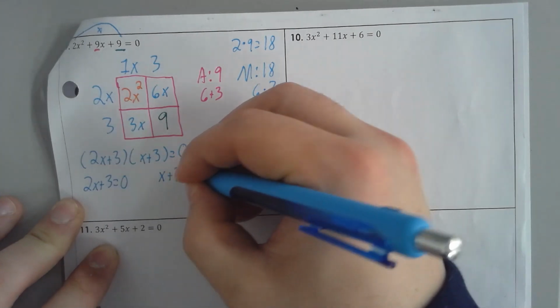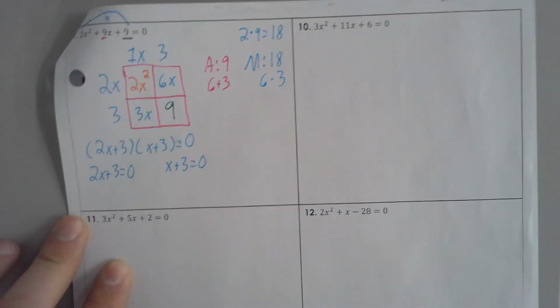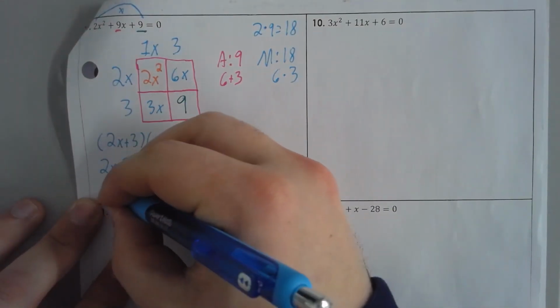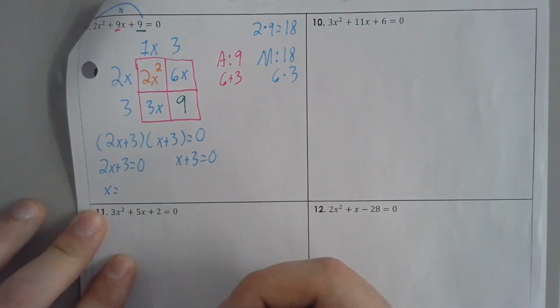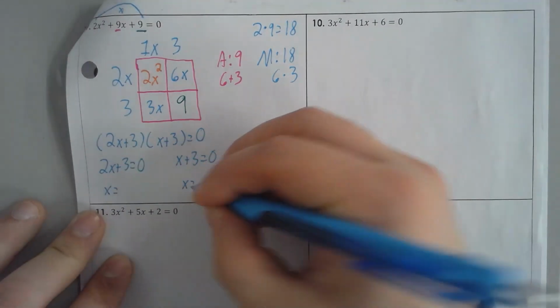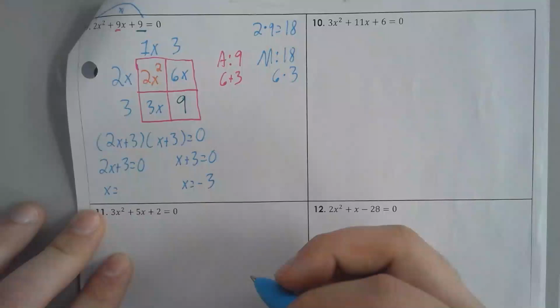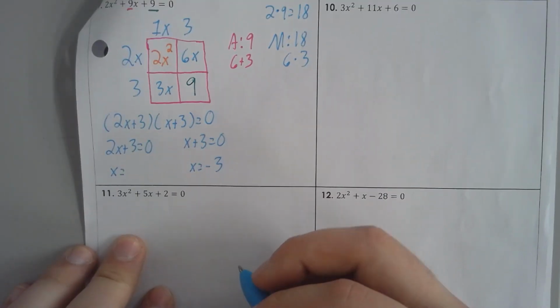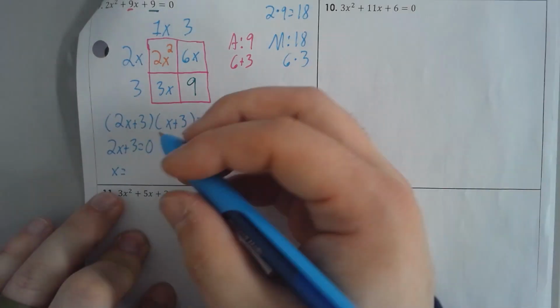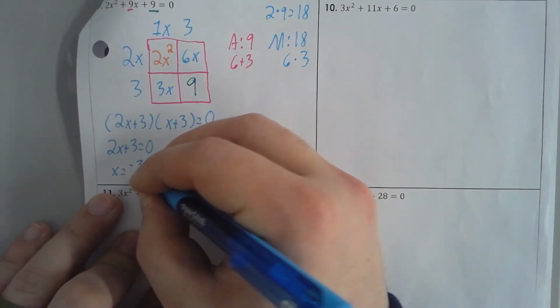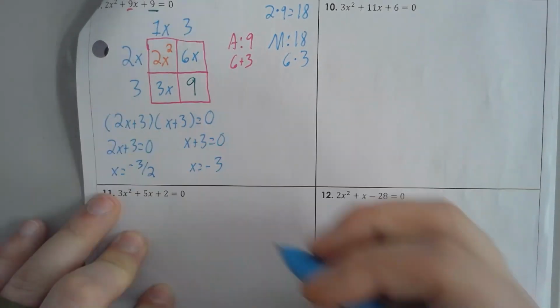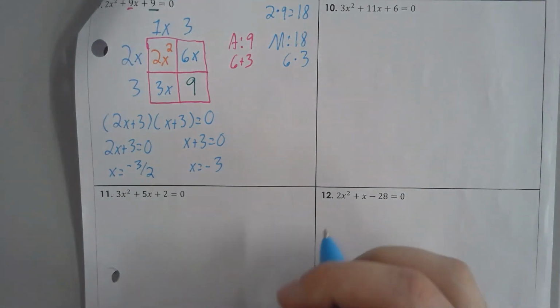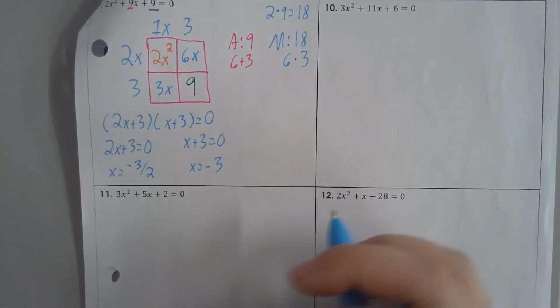Break them apart, set them equal to 0, and solve for x. So we'll get x equals -3 and x equals -3/2.